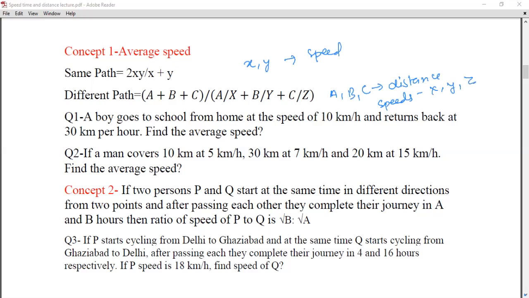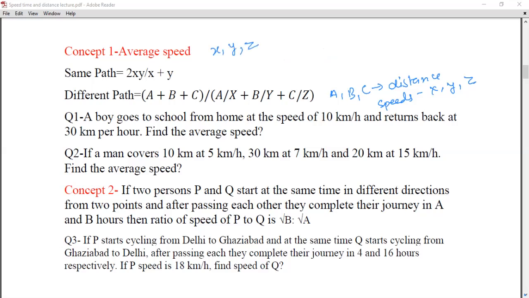Okay, so now in the first case, same path, we have the formula 2xy over x plus y. Here, basically, when two speeds are given, this formula is valid. Let's say we have three speeds given, three speeds x, y, and z along the same path.